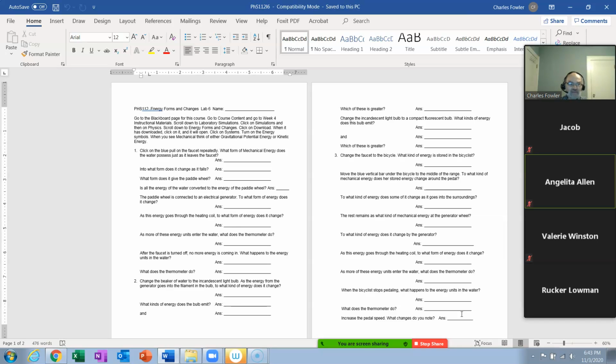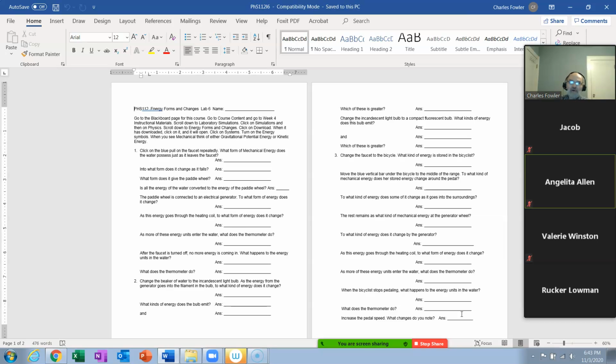It was trying to demonstrate exactly what we're doing right at the end of the chapter, which was energy forms and changes. Potential to kinetic to electrical to heat, and then stored chemical. It basically showed a lot of the different kinds.